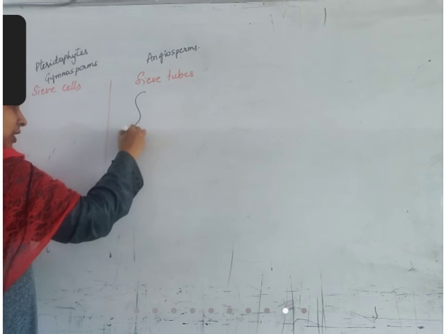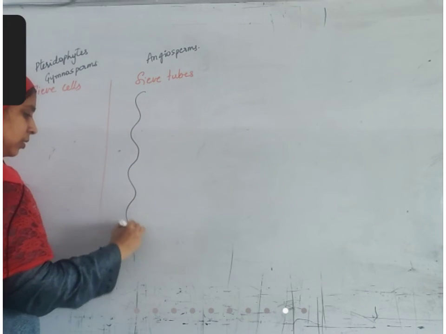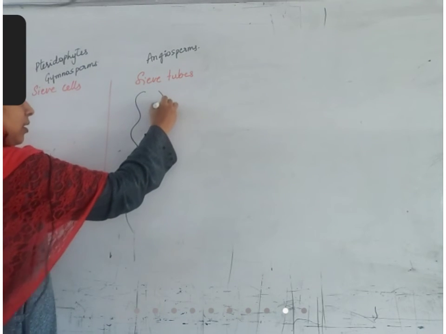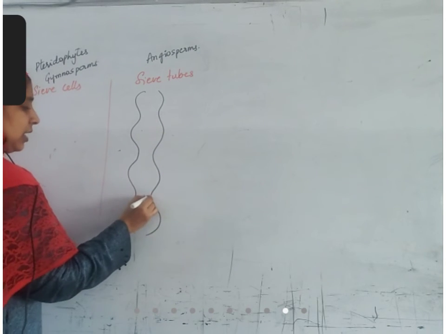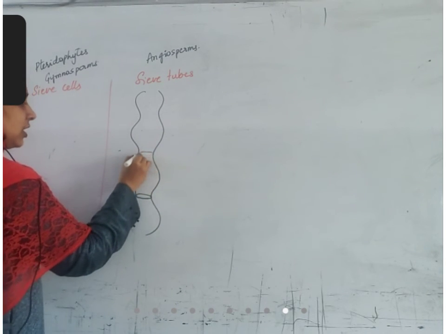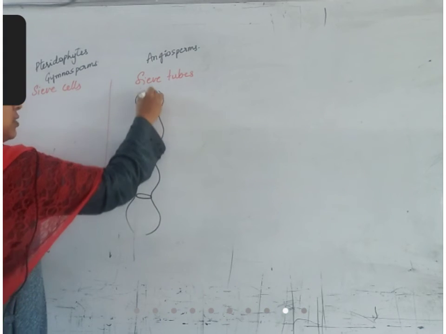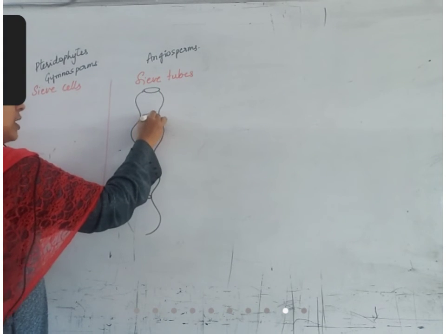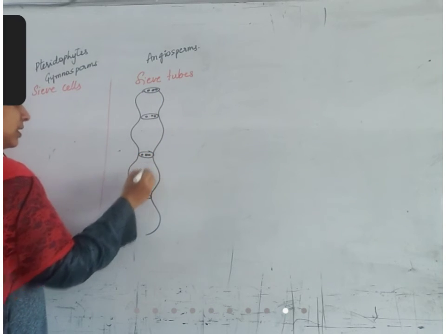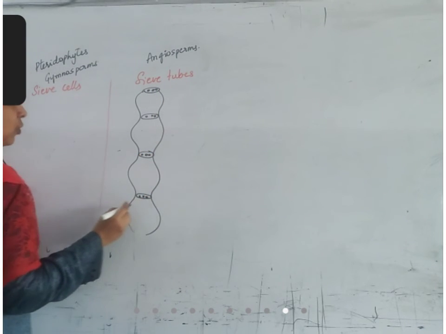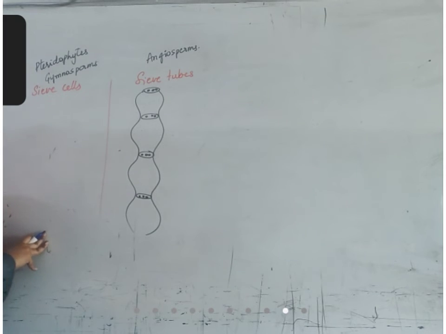Sieve tubes are very much similar to vessels. Here there is a sieve plate, here there is a sieve plate, here there is a sieve plate. Here holes are present inside the sieve plate. So what is the function of phloem tissue?